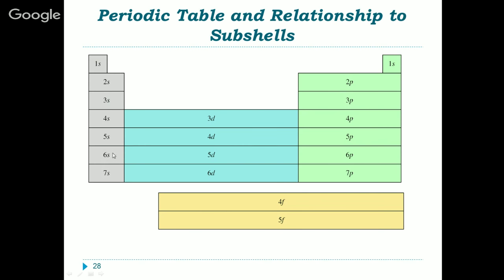And if you notice, if you've blocked this off on your own periodic table, group 1, group 2, there's 2 elements next to each other. Here, there's 10. Here, there's 6. And here, there's 14. So you don't even have to remember the number of electrons you put there. You can just count on your periodic table.